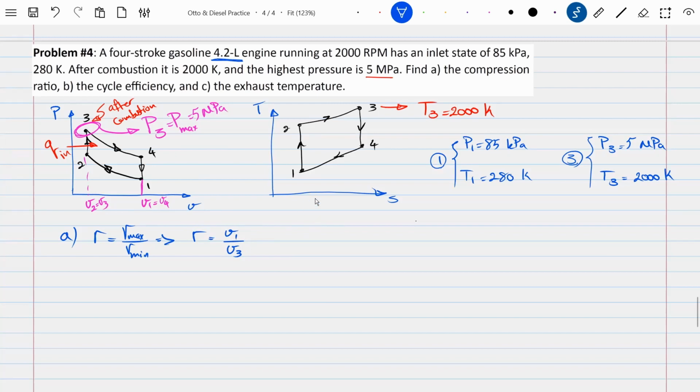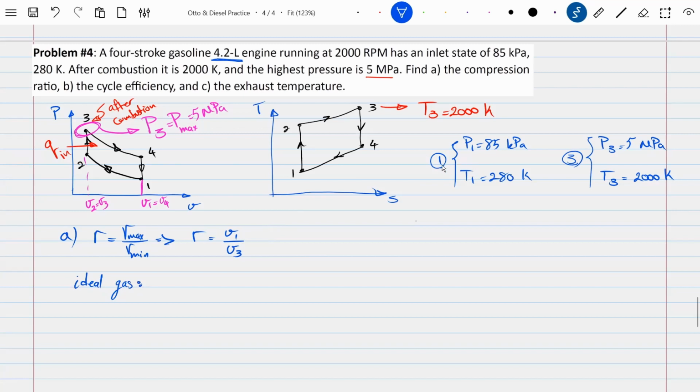Now, again, I want to emphasize there are multiple ways of solving problems of this sort, but I think this is the most straightforward approach. I need to find a specific volume 1 and a specific volume 3. The easiest way of doing it is using the ideal gas equation. Why?